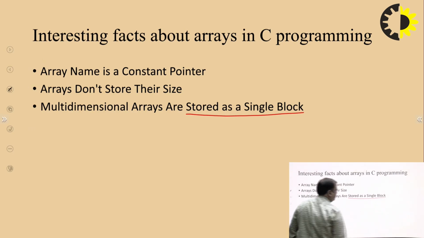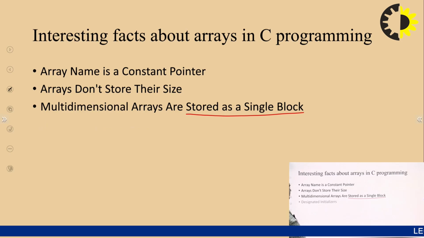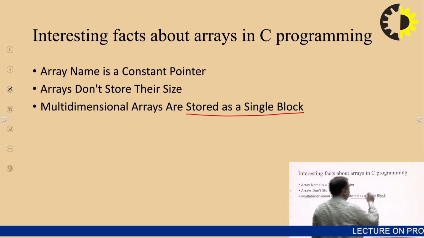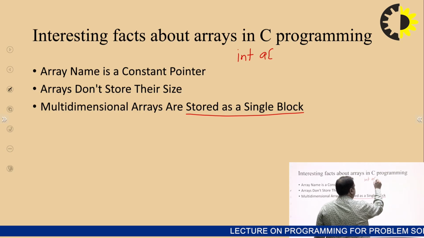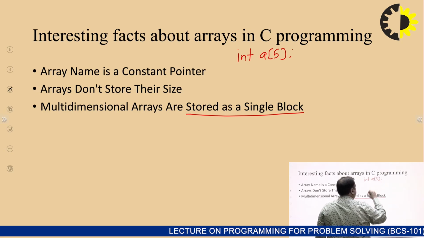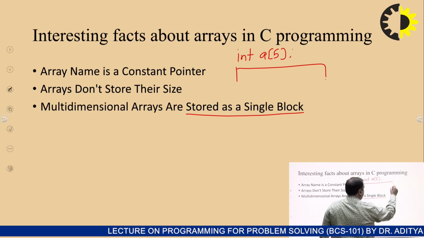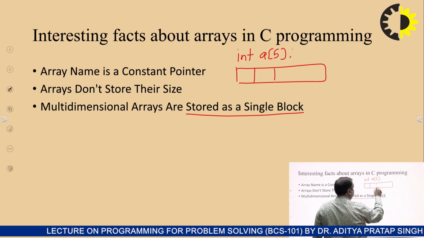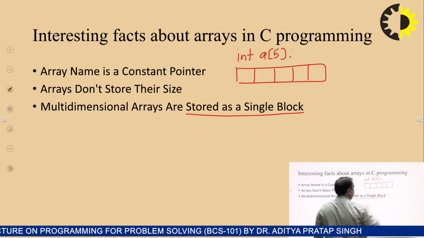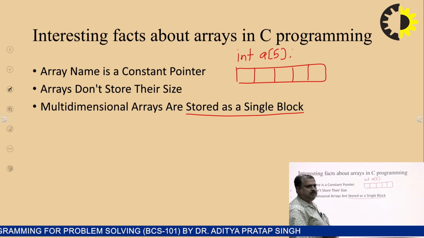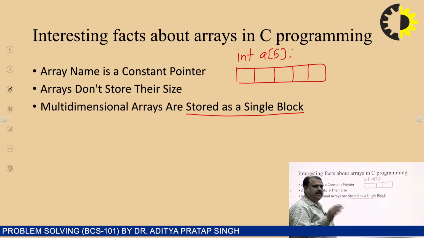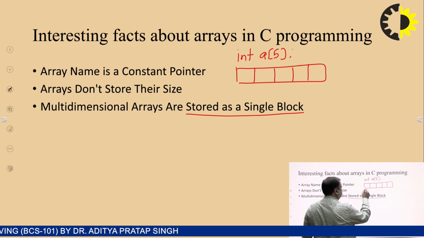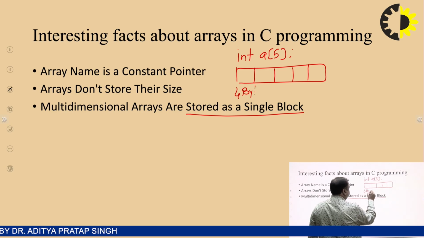What it is saying is, for a normal array or one-dimensional array like A[5], what will happen? We will have a block 1, 2, 3, 4, 5. So we will have a block like this that will store elements, each block of size 4 bytes.